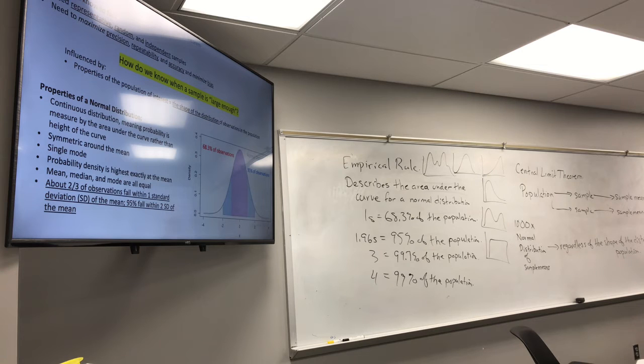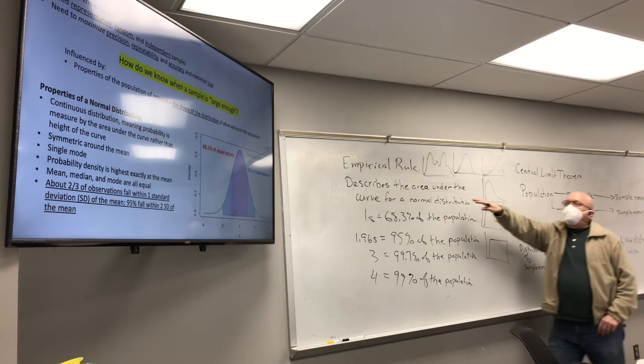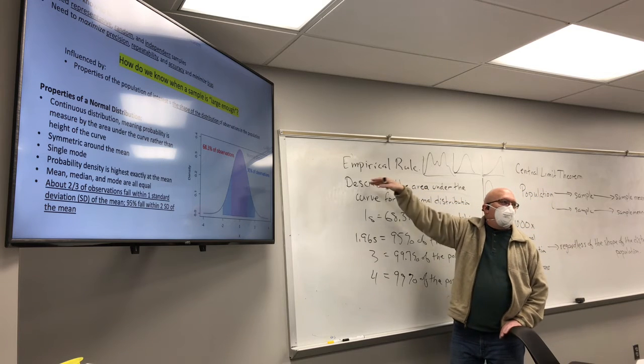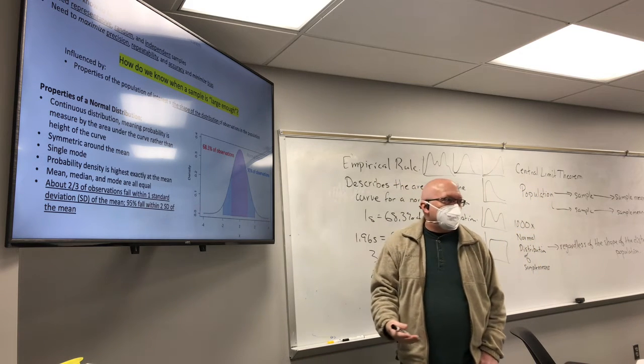If we take a sample and calculate its sample mean, and it falls outside of that range, chances are we drew it from a different population, not the population that generated this distribution of sample means. That's the basis of statistical inference. In order to do statistics, you need the central limit theorem to be true so that you can then use the empirical rule to make decisions.